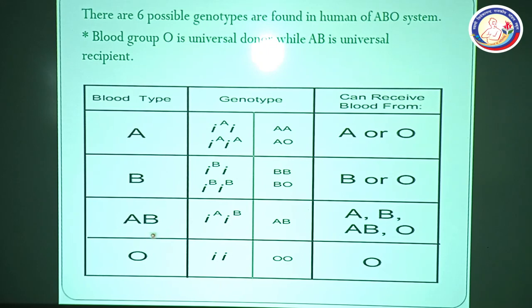For AB there is a single genotype, and for O there is a single genotype here. So, O blood group can receive blood only from O, while AB is the universal recipient. It can receive blood from A, B, AB, and O, all.